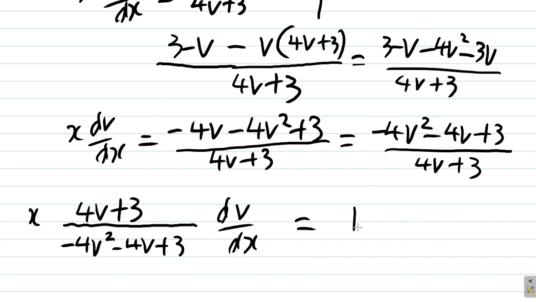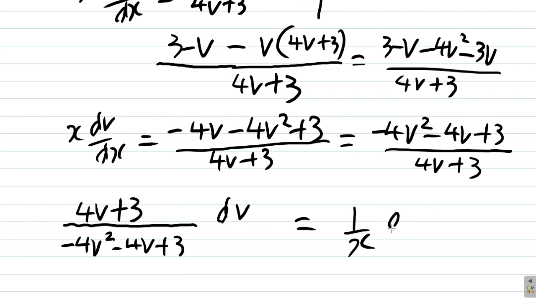This would be 1, right? Because you divide by this and you multiply by this, so both of them would cancel. But now, let's divide both sides by x, so that x is gone, then multiply by dx.